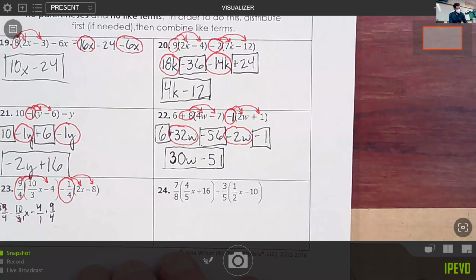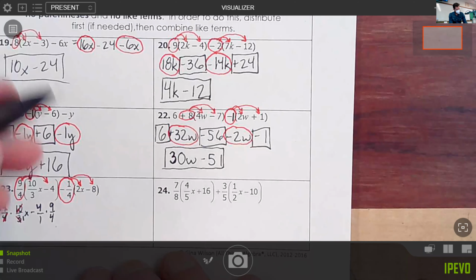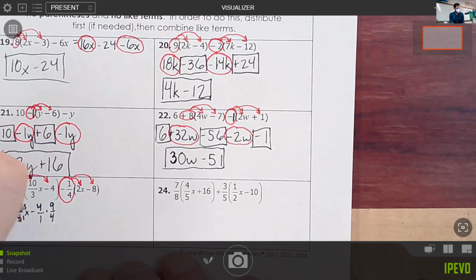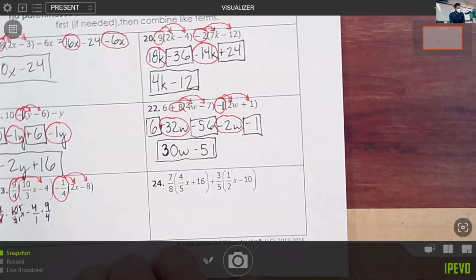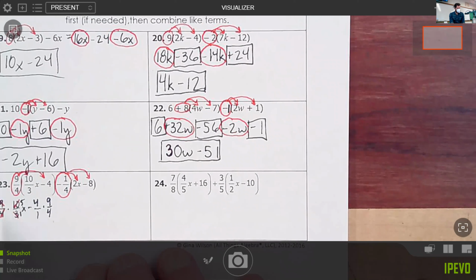And then those are each divisible by 2. So 4 divided by 2 is 2. 10 divided by 2 is 5. 3 times 5 is 15. 2 times 1 is 2. So that would be 15 over 2x.